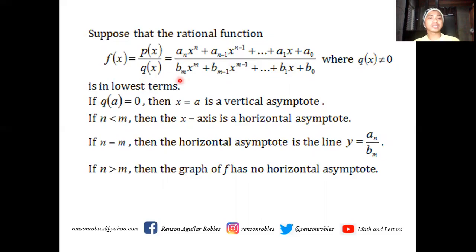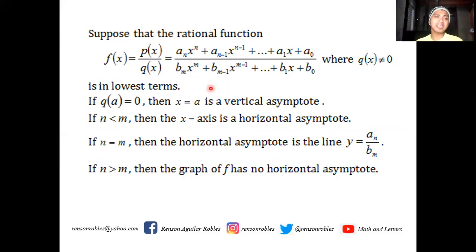And q of x is written in the form b sub m x raised to m plus b sub m minus 1 x raised to m minus 1 running until b sub 1 x plus b sub 0. And q of x is not equal to 0 and p of x over q of x is in lowest terms. And here are the qualifications to become an asymptote.